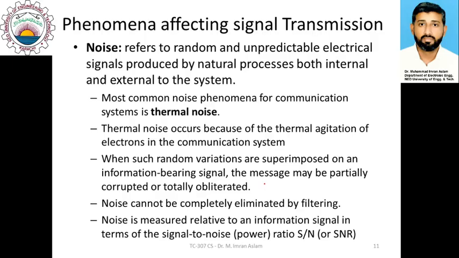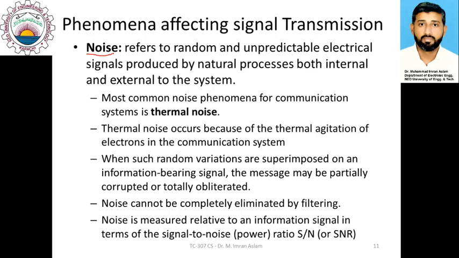Third, and perhaps the most important phenomenon that affects signal transmission, is noise. Actually, noise remains in all types of communication systems. As I said, distortion would disappear if the signal is switched off. Interference would disappear if there is no external source.